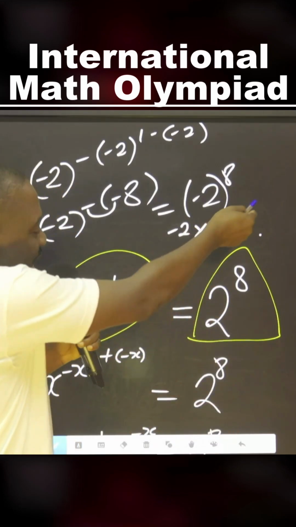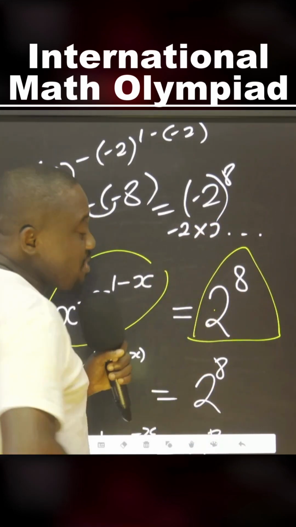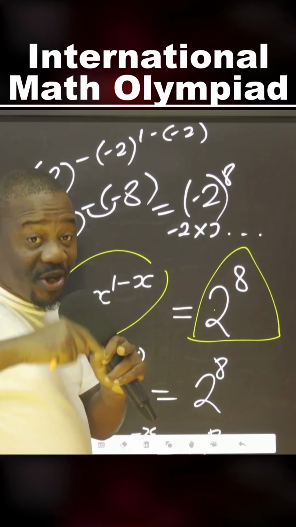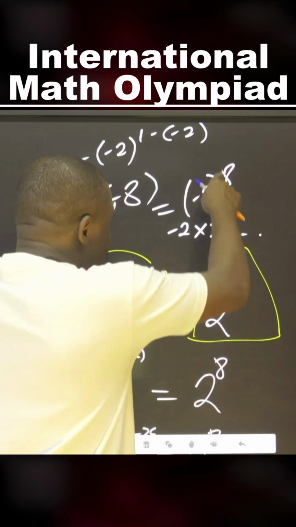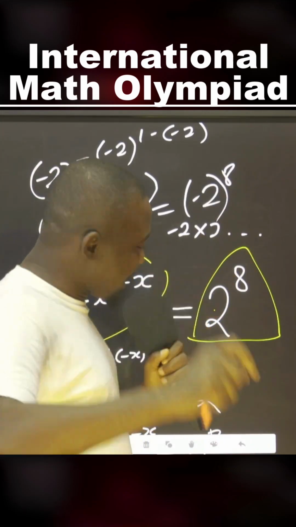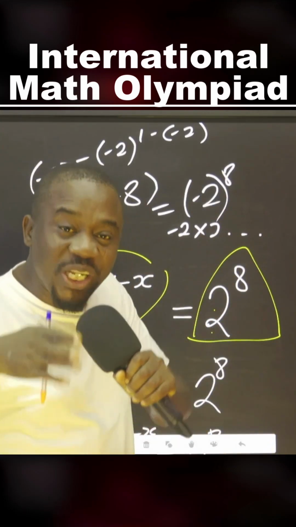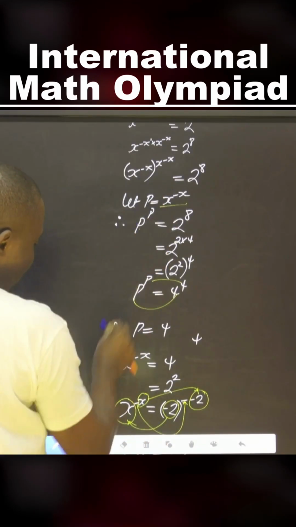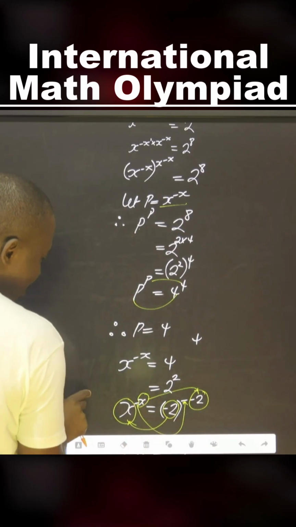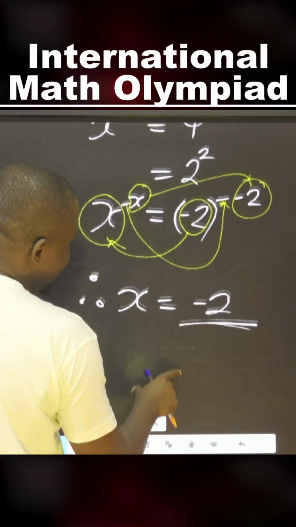Because the minus will cancel themselves at the end of the day to come back to this format. You can use your calculator, say minus 2 multiplied by minus 2 multiplied by minus 2 in 8 places. Check the answer. Then do this one. You find that they are the same. Therefore, our answer is correct: x, which you are looking for, is minus 2.